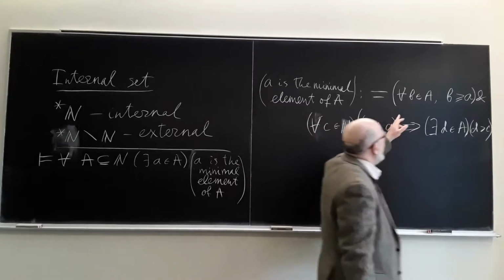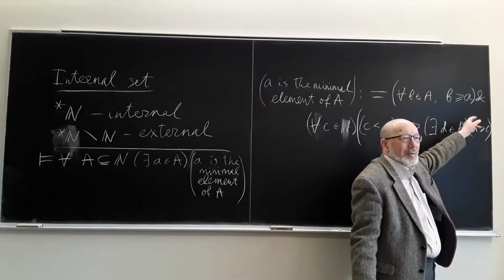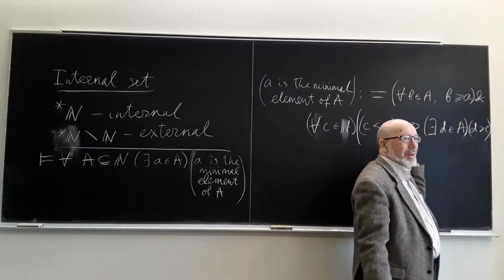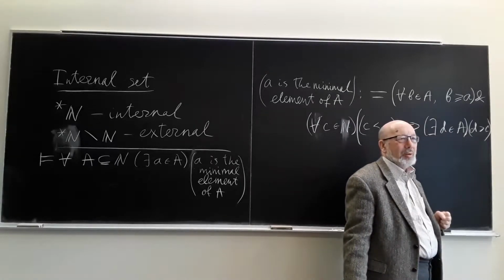So the first line says that a is an upper bound of the set A capital, and the second line says that it is the smallest upper bound.